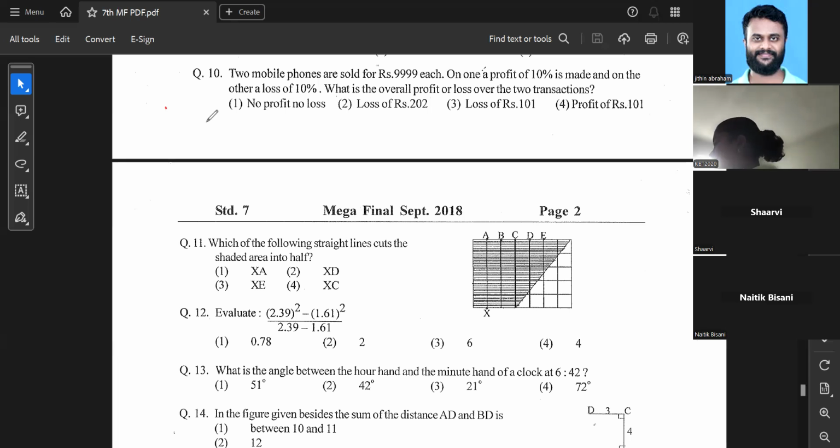When SP of two articles is same, and if there is a profit of X percent on one article and loss of X percent on second article, then there is always net loss, and loss percentage is X square upon 100%, which is 10 square upon 100%. That is 1% in this case. Yes, sir.